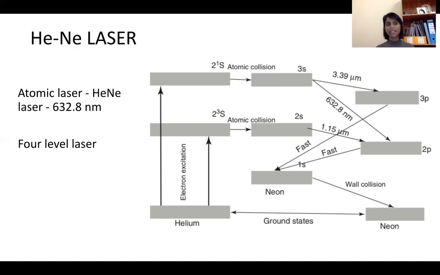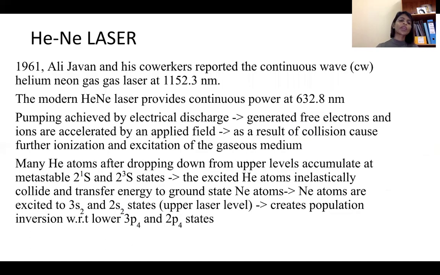Same way, in a molecular laser like carbon dioxide, nitrogen serves as an intermediate. They have a gas mixture of nitrogen and carbon dioxide. Nitrogen first gets excited and then inelastically collides with carbon dioxide molecules, supplies energy to them, and then carbon dioxide does the lasing.